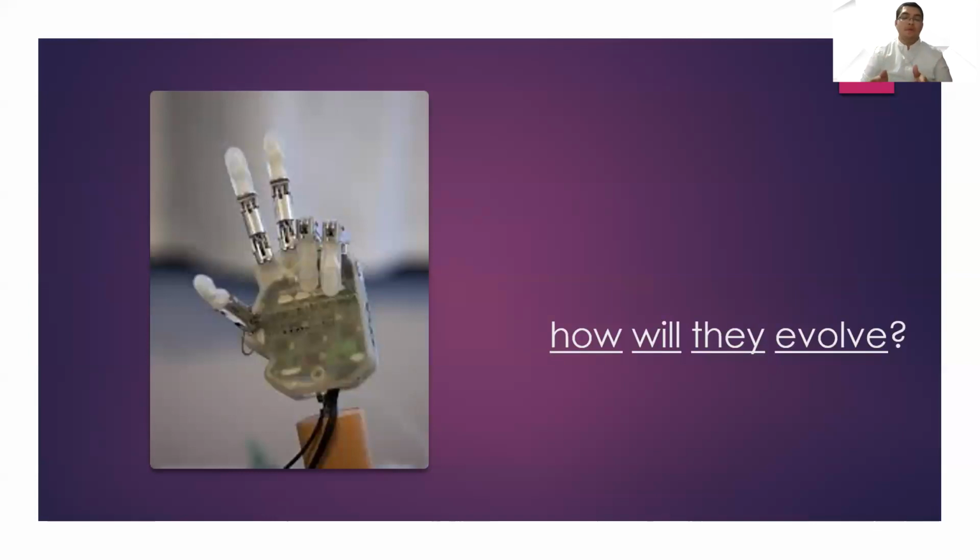How will they evolve? Well, this type of technology evolves every year, and during the research of this investigation, I found an article that explained that a German university has a lot of investigation to create the first prosthetic and functional organ.